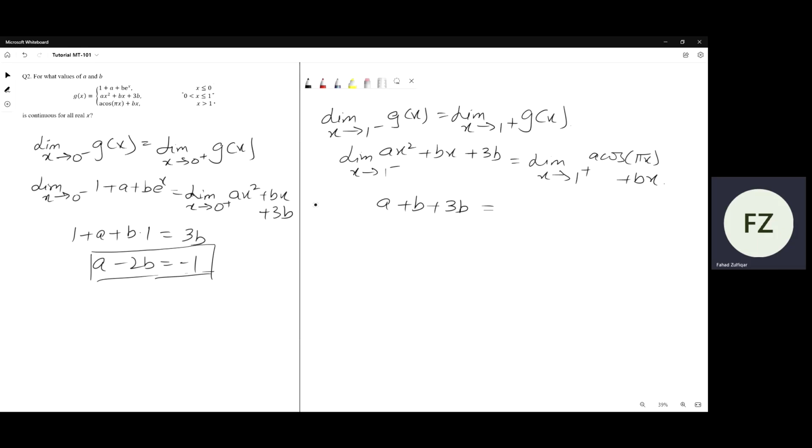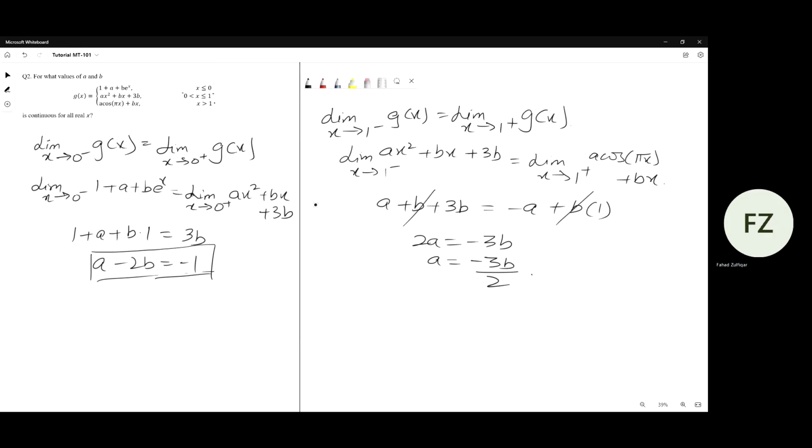So cos 1 pi will be equal to minus 1. So we'll be left with minus a plus b into 1. If we solve this, this b will cancel out with this b, and we'll be left with 2a equals minus 3b. From here, we can say a equals minus 3b by 2.